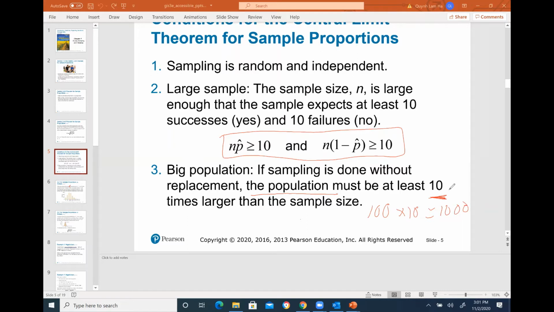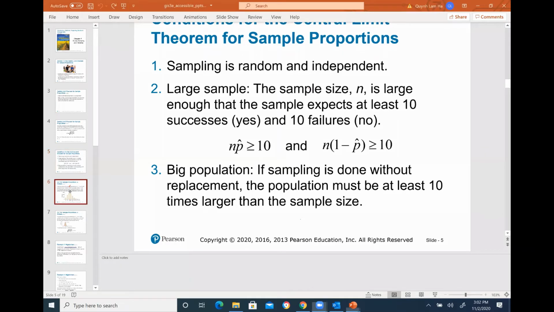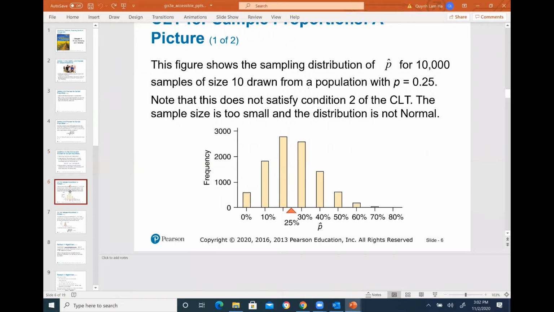That's big enough. Just give me a value like this, then you'll be fine. The population must be at least 10 times larger than the sample size. That's why you multiply by 10. So that is the way they are testing. They are estimating the population to be larger than 10 times the sample size.